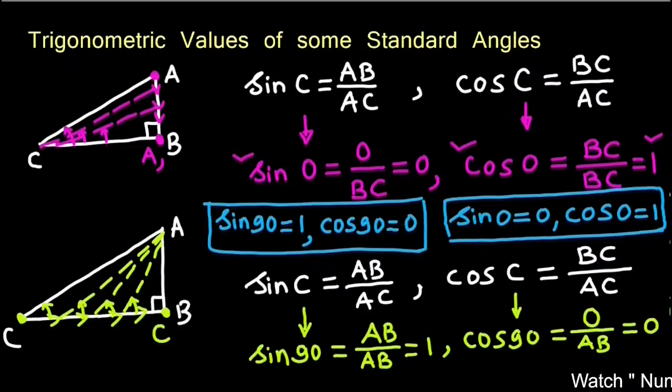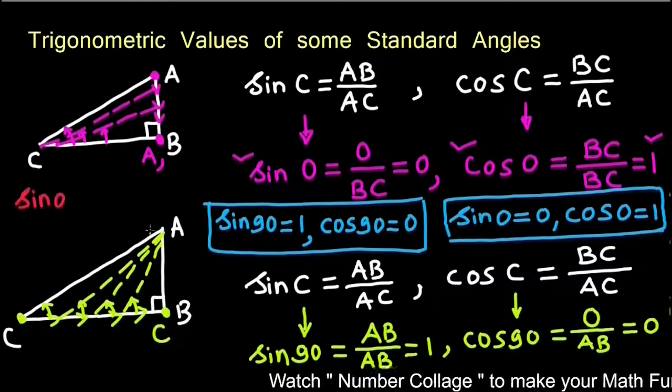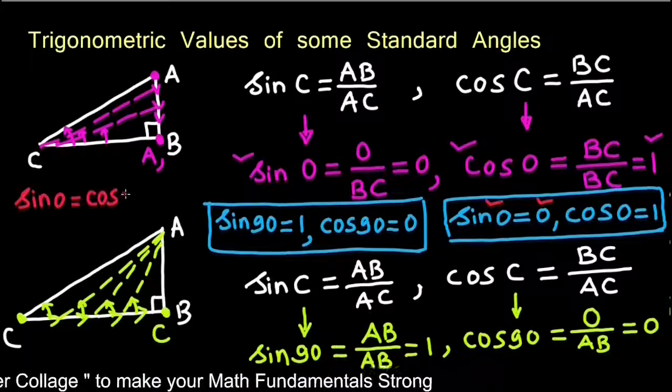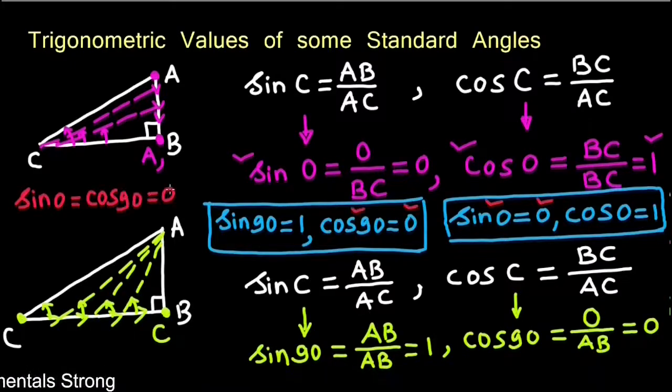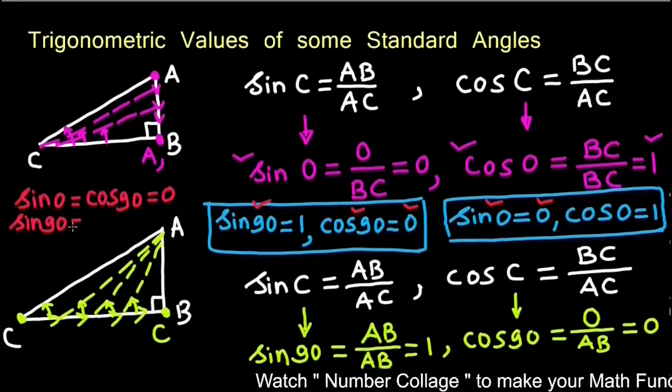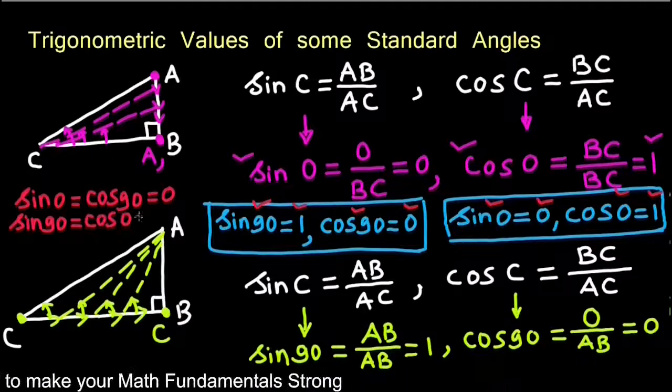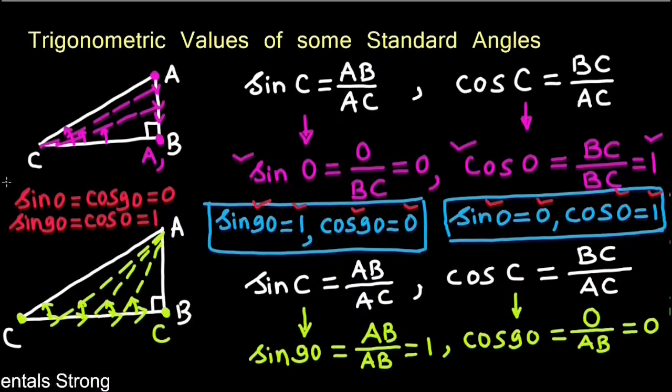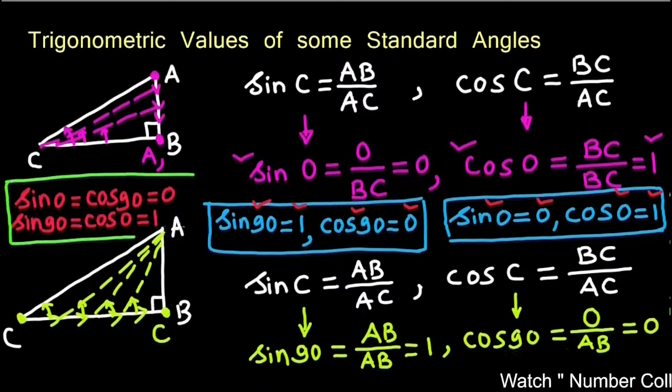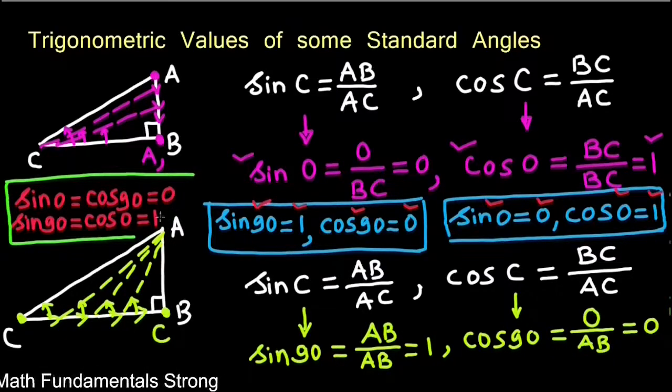Now we will rewrite these values as sin 0 equals cos 90 equals 0, sin 90 equals cos 0 equals 1. So this is the collective representation of trigonometric values of sine and cos of 0 and 90 degrees.